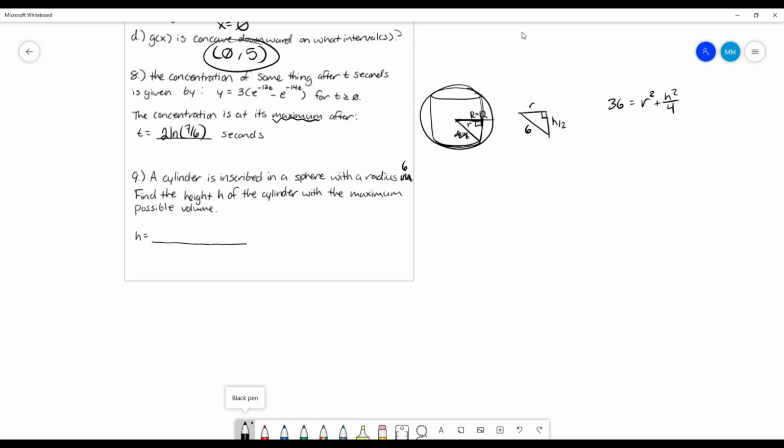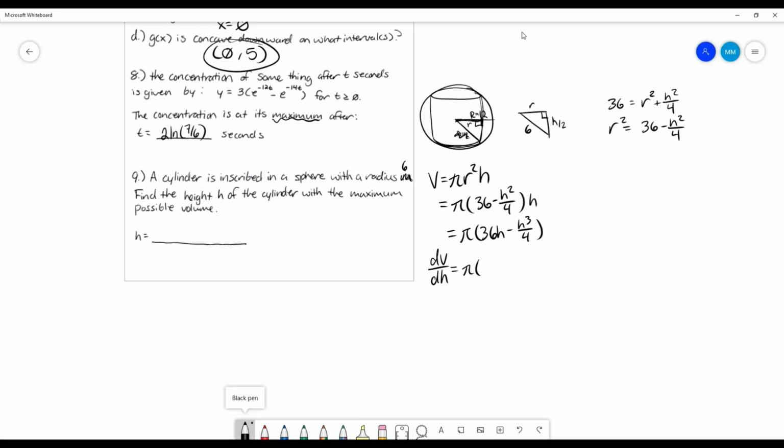So now it's going to be 36 equals r squared plus this. R squared equals 36 minus this. Our volume equals that, which equals that, as we distribute the h, and then take that derivative.